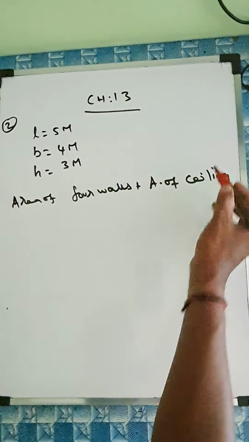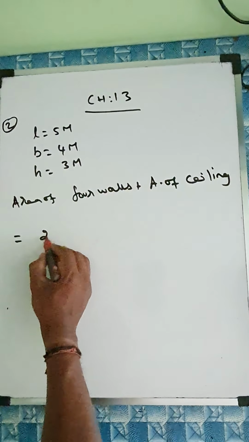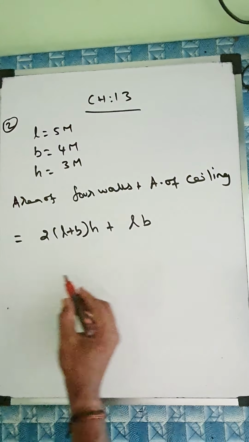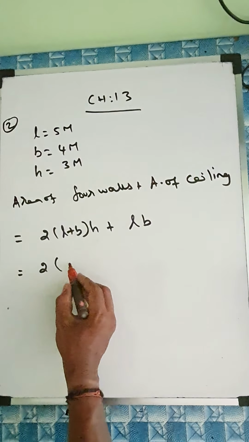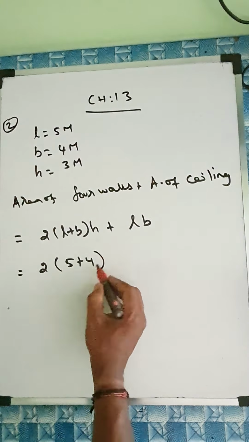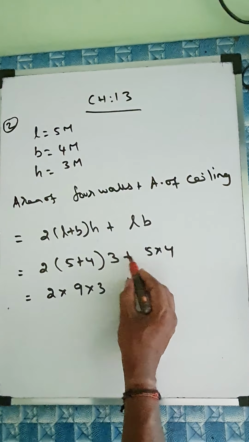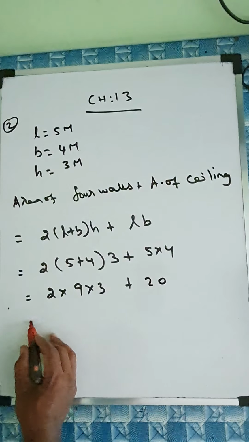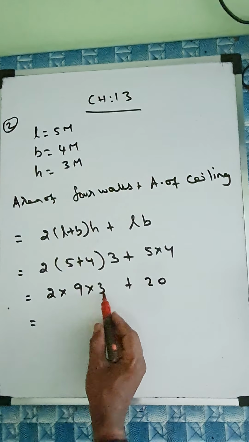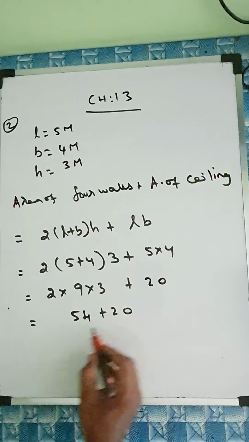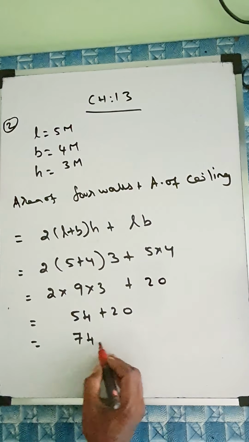The area of 4 walls formula is 2(L plus B) into H, and the area of ceiling is L into B. So 2 bracket, length is 5 plus breadth is 4, height is 3, again 5 into 4. Okay, so 2 bracket 5 plus 4 is 9, into 3, plus 5 4s are 20. So 9 3s are 27, 27 into 2 is 54, 54 plus 20, so the answer is 74 meters square.